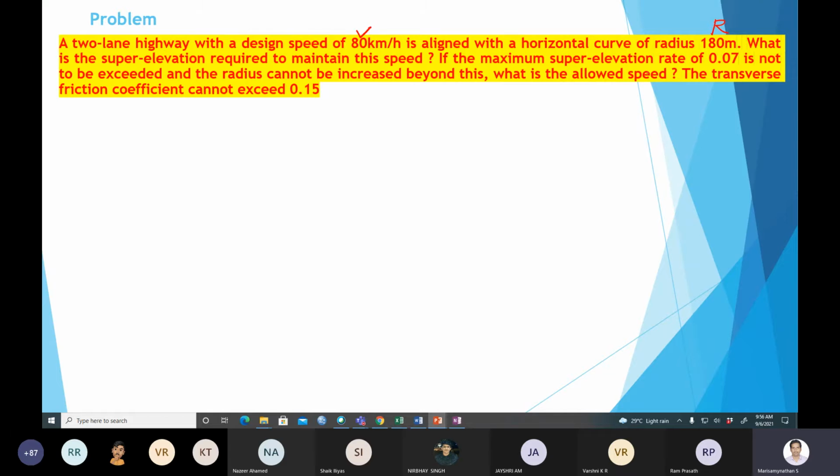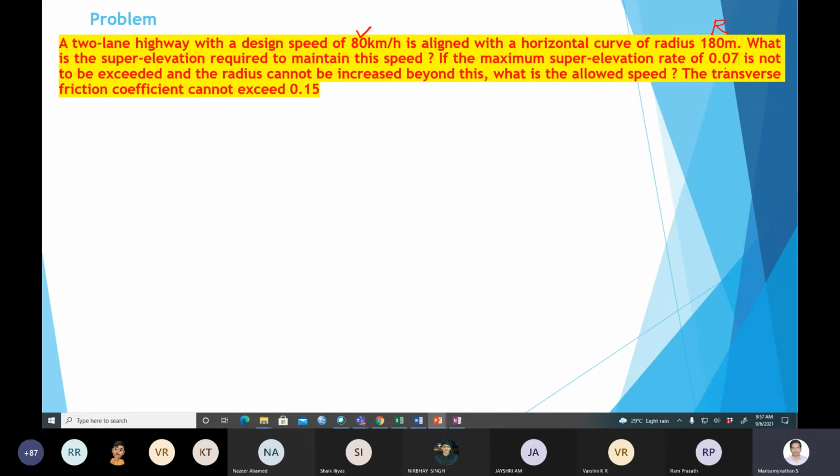If the maximum super elevation rate of 0.07 is not to be exceeded and the radius cannot be increased beyond this, what is the allowable speed? So that they were asking. What they are explaining is that the super elevation is increasing beyond the value of 0.07, but we cannot provide that.